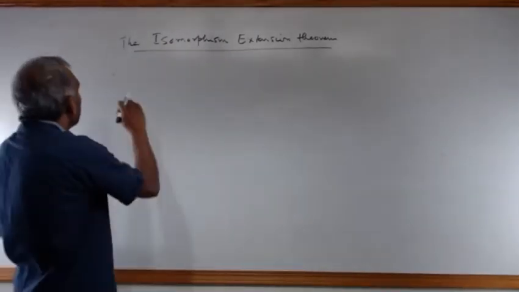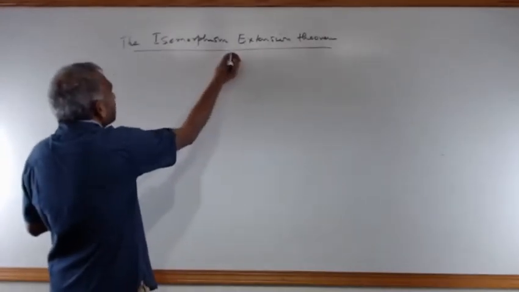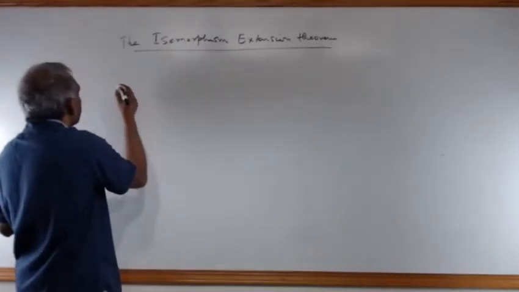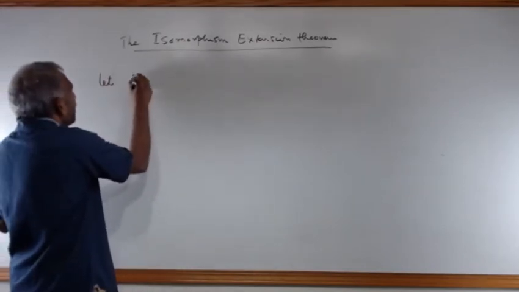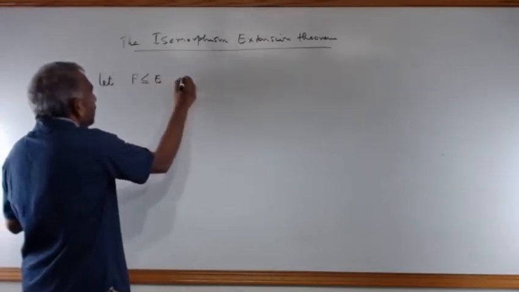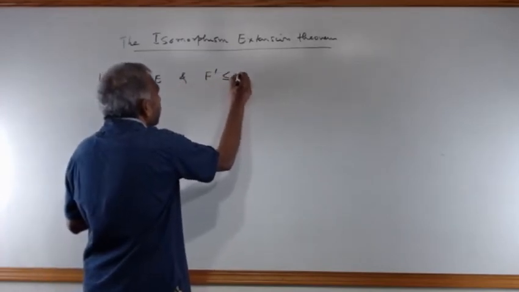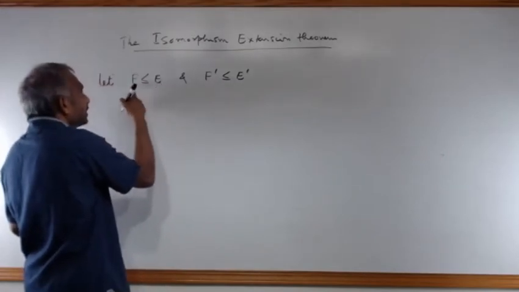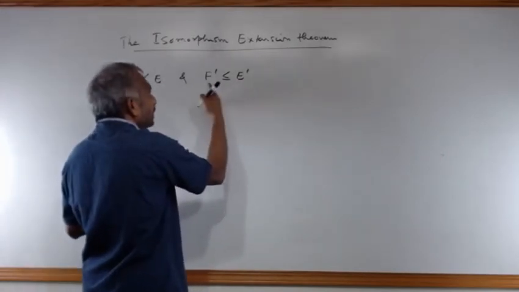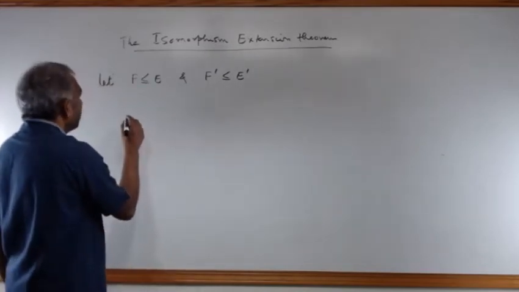Now let us define what an extension of an isomorphism is. Let F be a subfield of E and F prime be a subfield of E prime. In this case, you say that E is an extension of F, E prime is an extension of F prime.